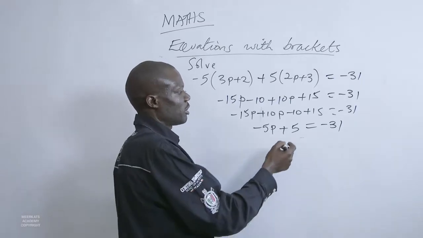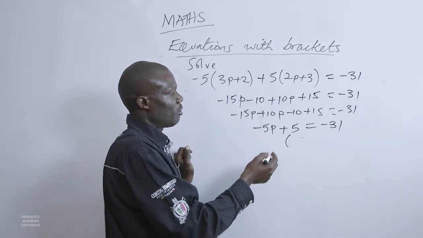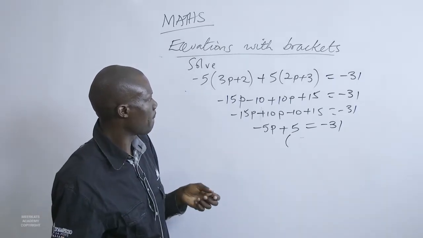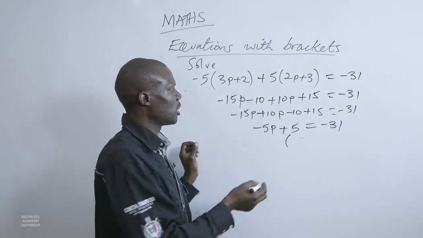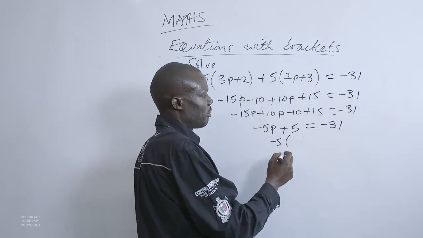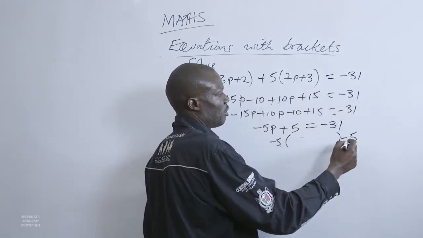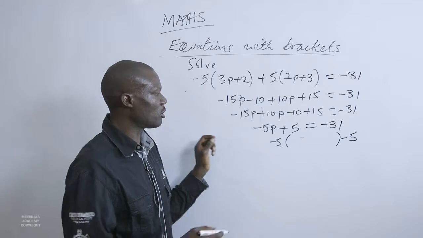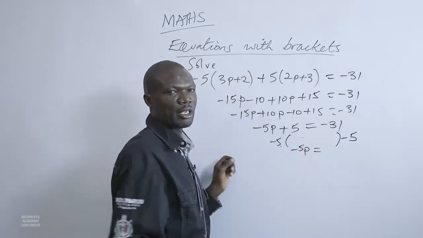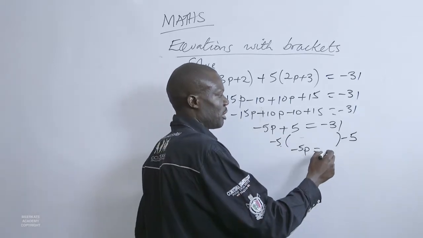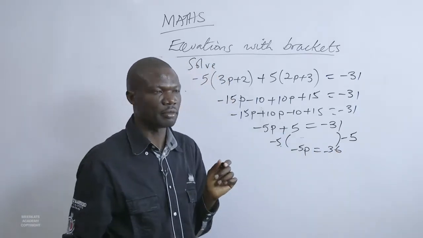So from here, we shall simply work on this by subtracting 5 on this side and subtracting 5 on that side. When you do that, we shall remain with minus 5p is equals to minus 31 minus 5, which is minus 36.